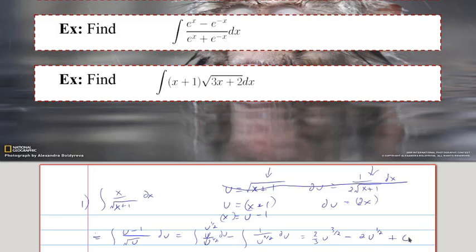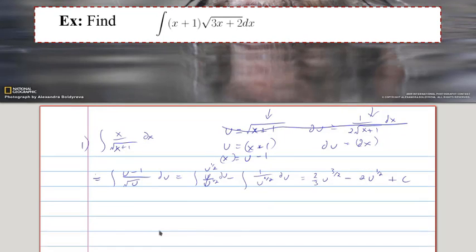All right, and then plus c. And then finally, we just have to back substitute what we had substituted to begin with. So this is 2/3 (x plus 1) to the 3/2 minus 2 (x plus 1) to the 1/2, and then plus our constant.